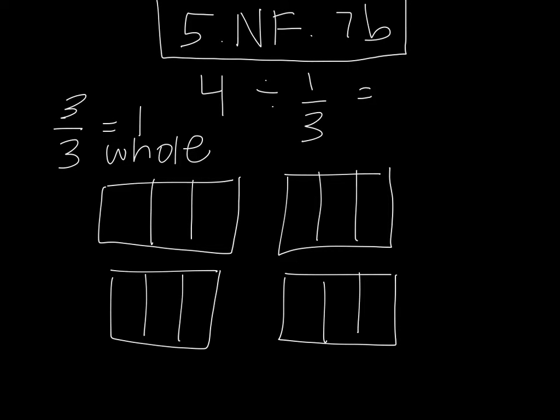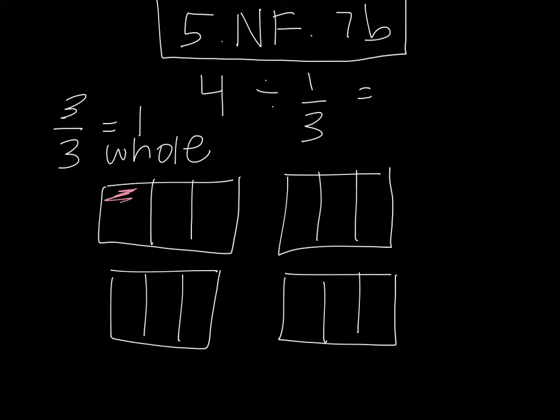So here you can see that I did my 4 wholes right here, but they are split into thirds because 3 of these thirds equals 1 whole. Okay, so now I'm going to count up how many 1/3 pieces there are in my 4 wholes that I have.